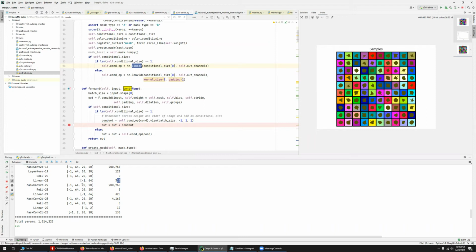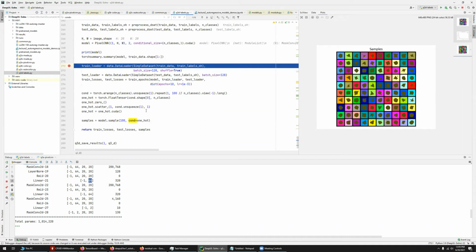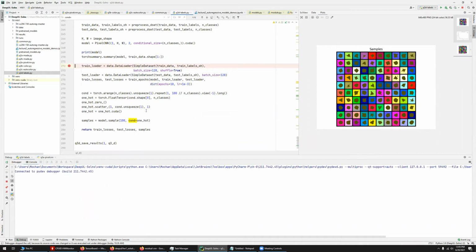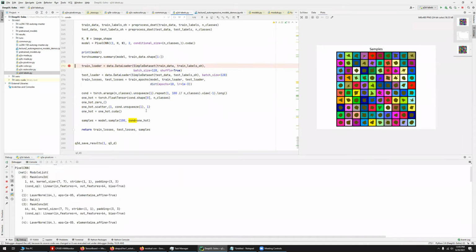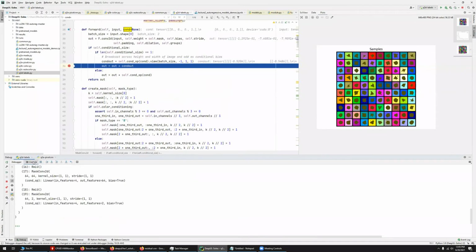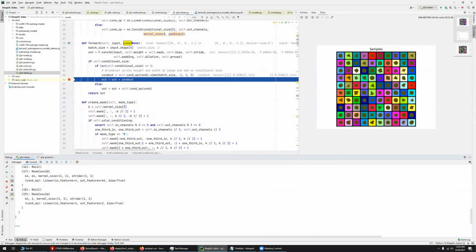Because you can see the linear changes it to 64, right? So 64 would probably do it per channel, and then the broadcast happens over the 20 by 20. The broadcast happens over all the pixels, and if there is more than one channel, it will also be broadcast over the channels.